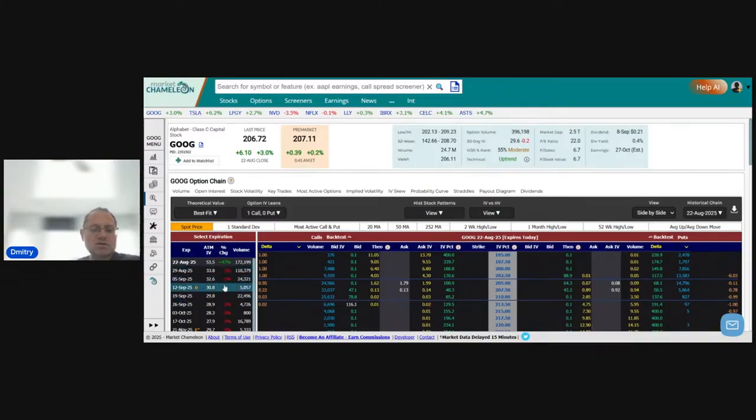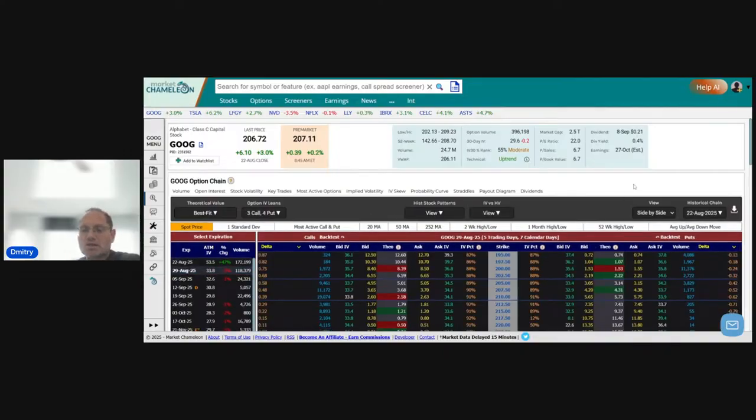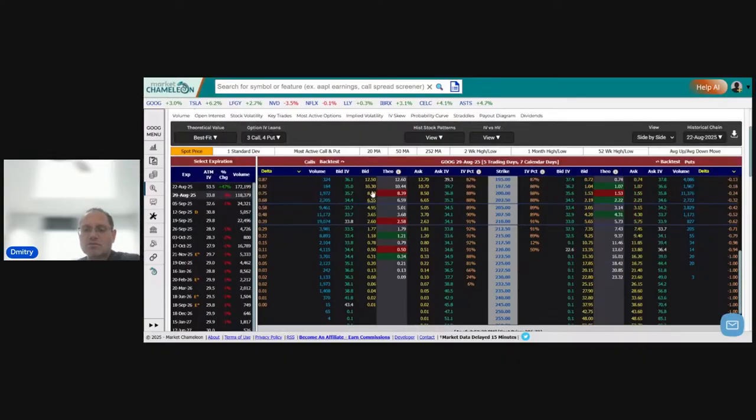Let's just say we're looking at an August 29th option chain, and we have these calls and puts, and we're looking at prices. How do we then analyze this? We have this market price, just like this house at 200,000.